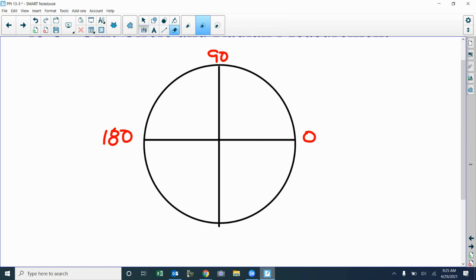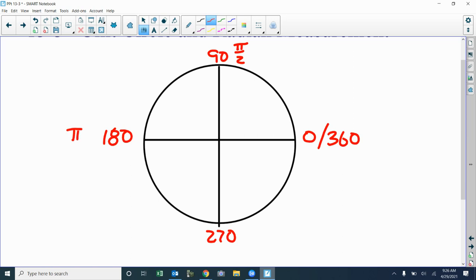Let's fix that also. There we go, and all the way around, of course, was 360. Then we worked on radian measurement. What's the radian measurement here? It was pi/2, right? This is pi. This is 3 pi/2, and all the way around is 2 pi.